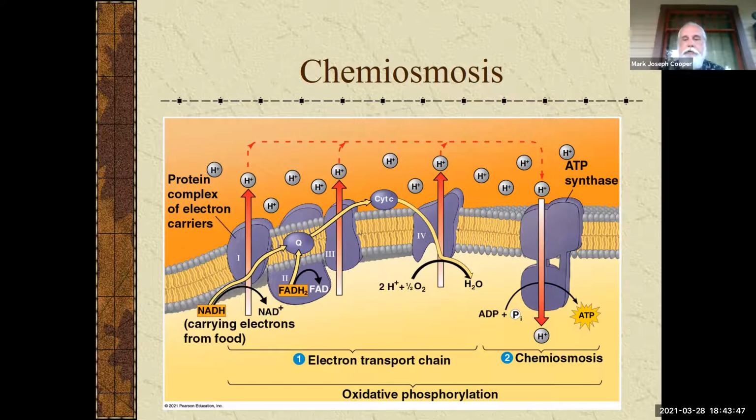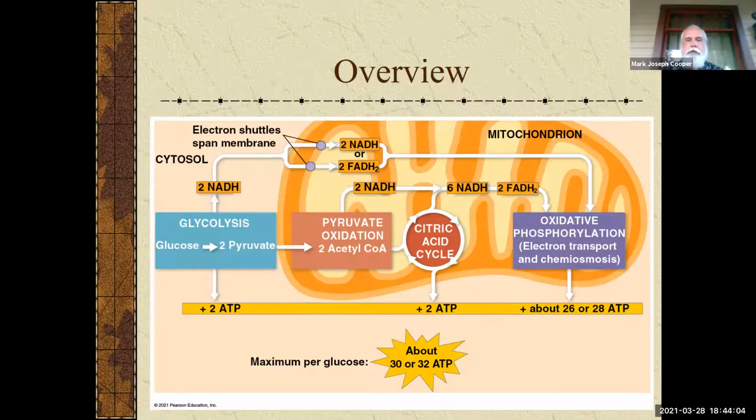Okay, so again this is called oxidative phosphorylation. The other one in plants is called photophosphorylation. Okay, so kind of complex, this picture is very similar to the picture we saw in photosynthesis, but a little bit different. Okay. All right, so overview, and we're going to talk about this in lecture when we're together.